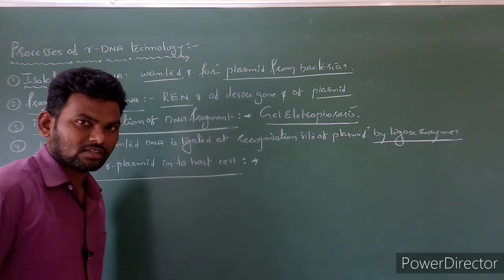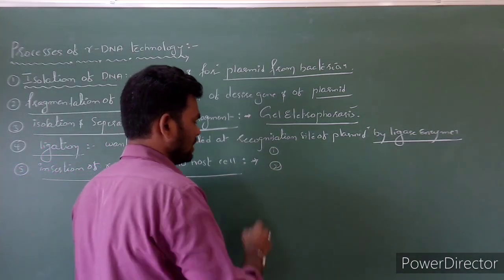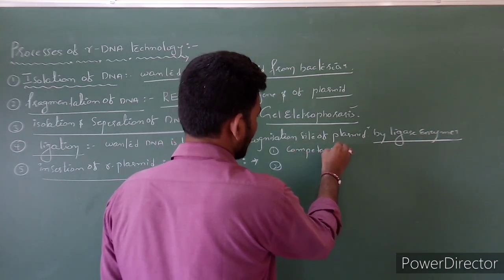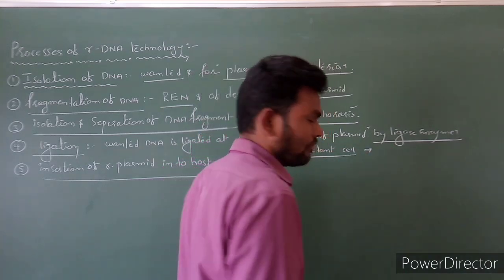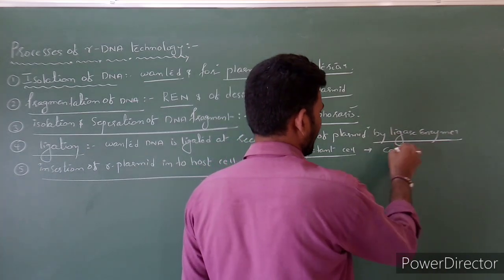We already discussed 2 or 3 methods. The first method is competent cells, by treating the cell with divalent cations like calcium.